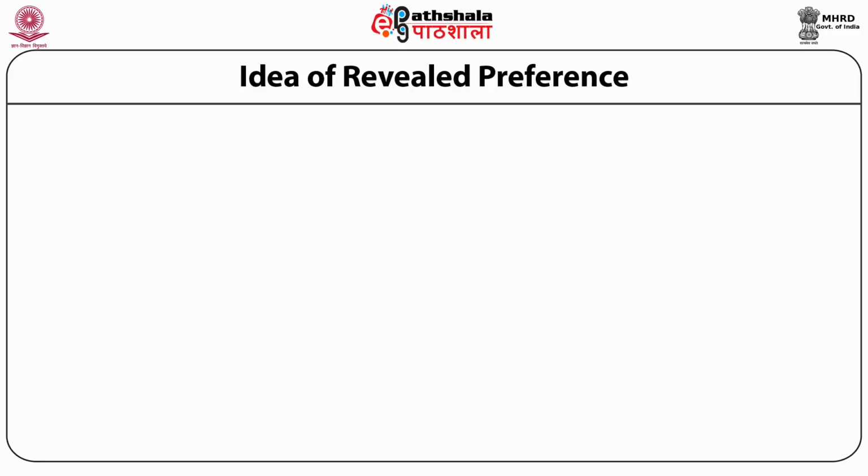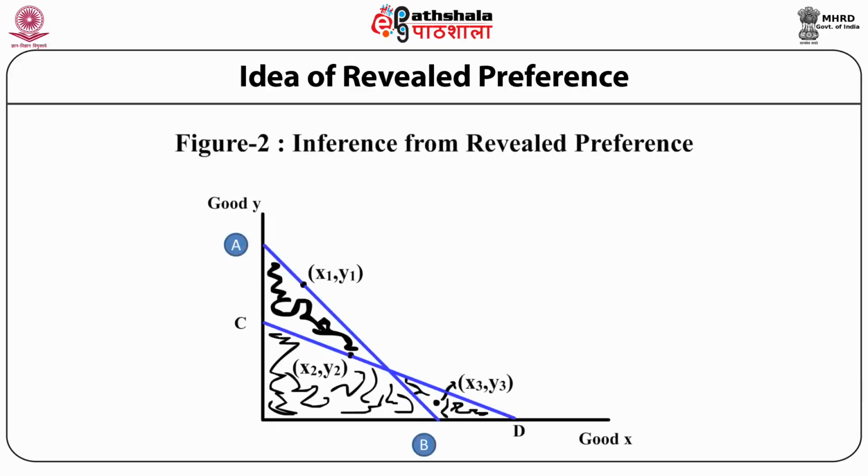The inference of preference of a consumer from his or her choice is discussed through figure 2. Consider the initial budget line CD. At this budget line, or at this income, the consumer has the option of choosing any bundle that lies on or below the line CD. Suppose the consumer prefers a bundle represented by X2, Y2.